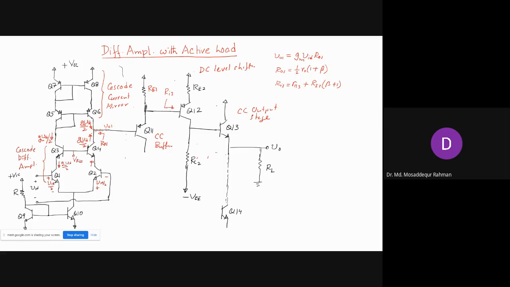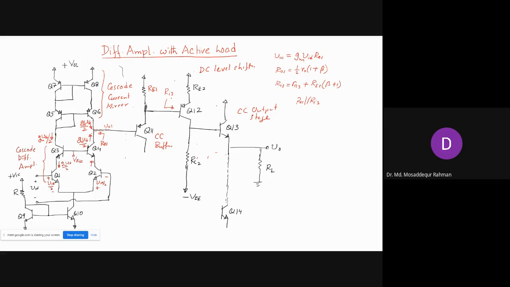Now, that is like the load resistance for this differential amplifier. When you take R01 in parallel with Ri3, since R01 is much larger because you have R0 times beta plus 1, about 100K or something like that, but Ri3 will be much smaller, a few kilo ohms, obviously the total effective load resistance will be much smaller, mostly determined by Ri3.